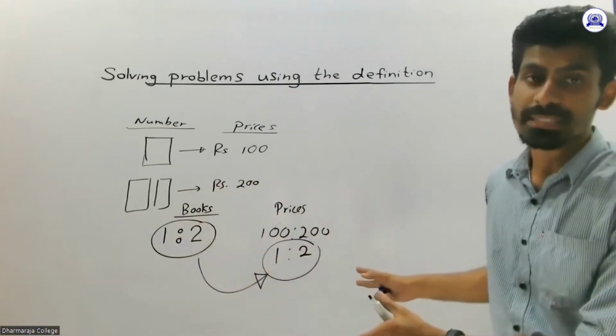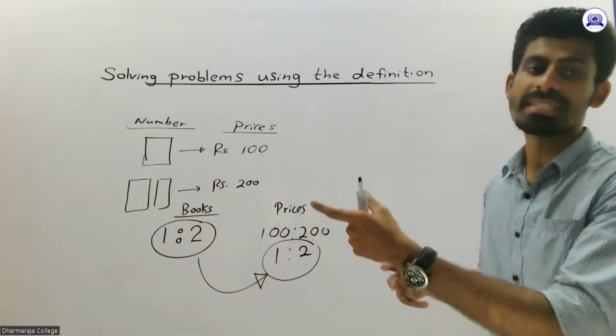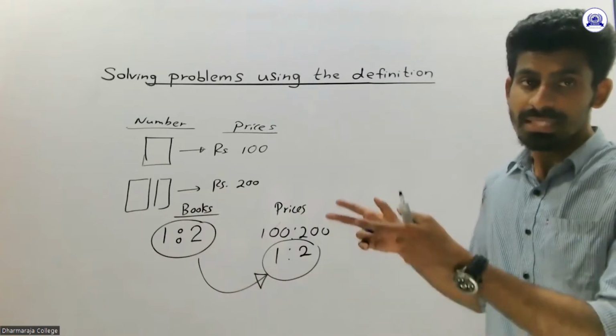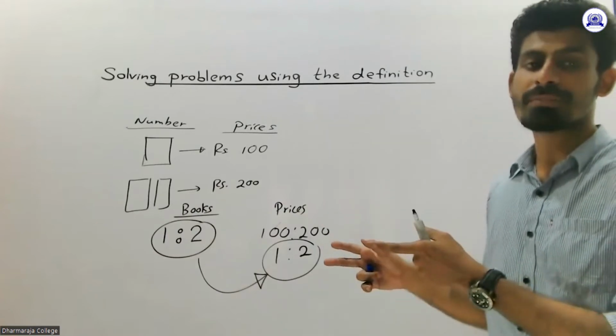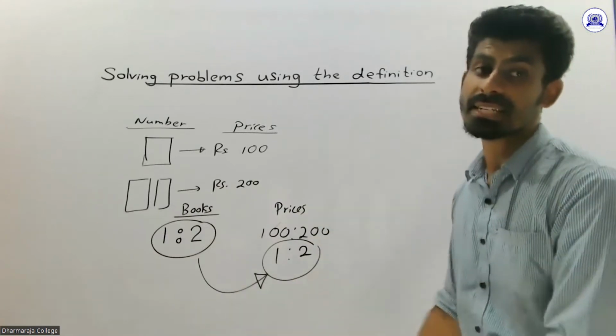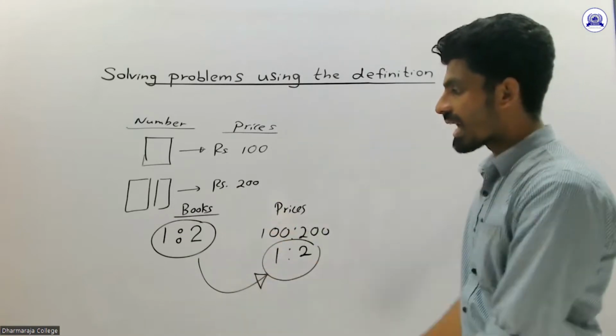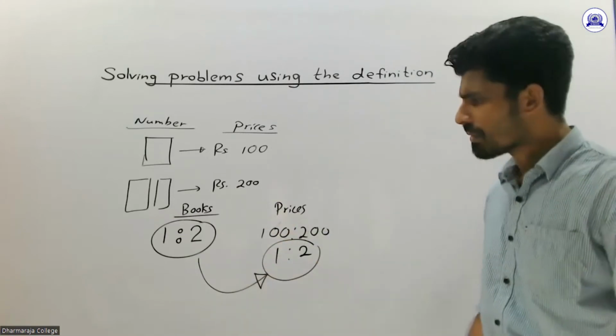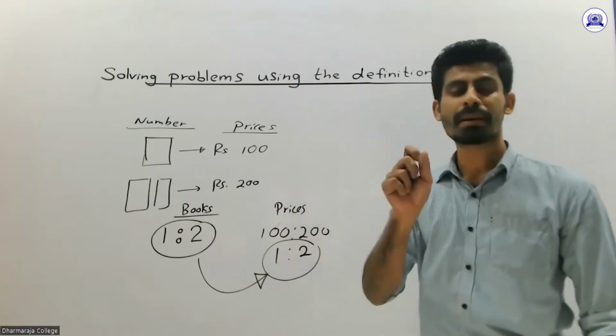I clearly explained that if two quantities are directly proportional, the ratio of two values of the first quantity equals the ratio of the corresponding values of the second. Now I'm going to substitute some values.